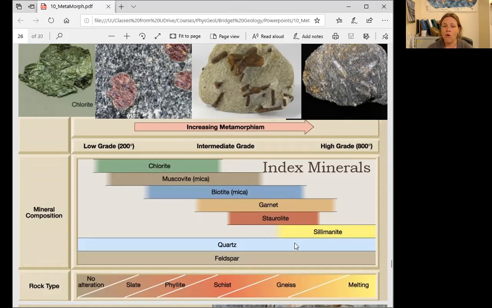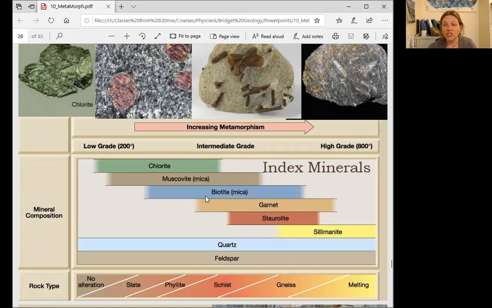Also, when we have sets of different index minerals together, they can help us further narrow down the environment. For example, if we had a rock that had chlorite in it and also garnet in it, then there's only a narrow range of temperatures. You can see where this green band and this orange band overlap.